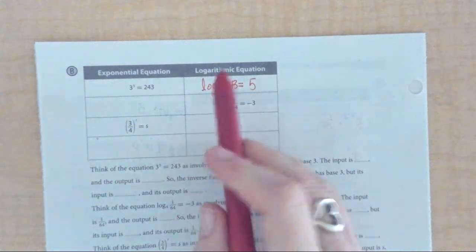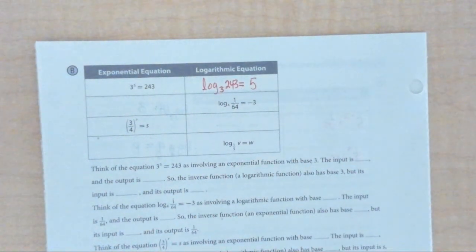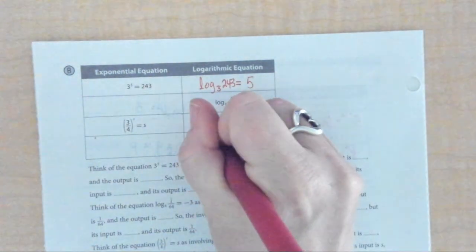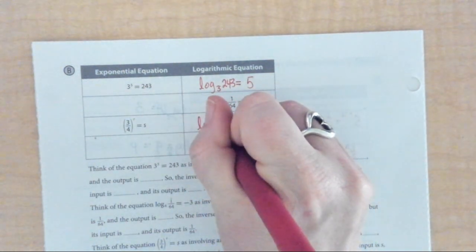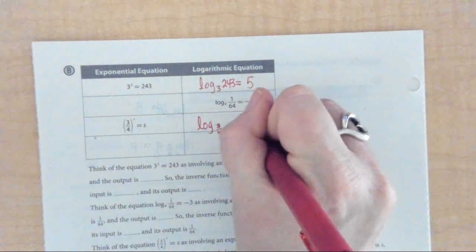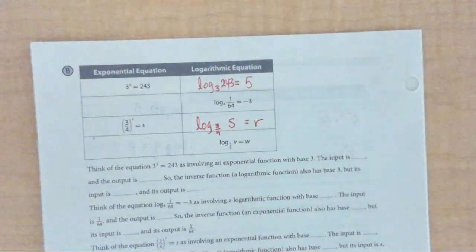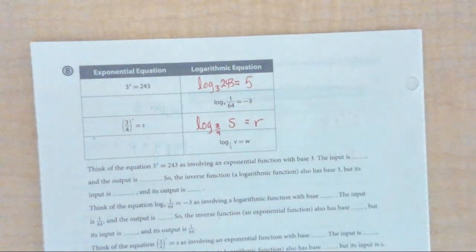So log base 3 of 243 is 5. Comes down here, we're going to say log base 3/4. Isolate your exponent, so that's going to be r. So s sits here. Again, this is about rewriting. They're not concerned with you actually doing the math yet. That's why they're throwing in so many letters.